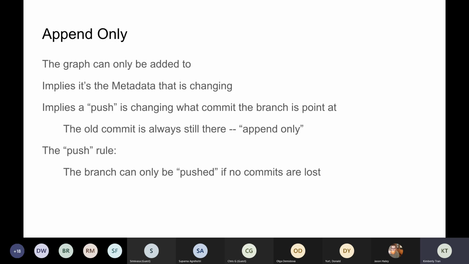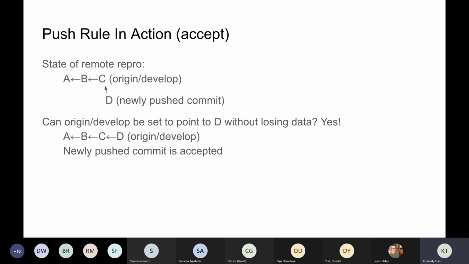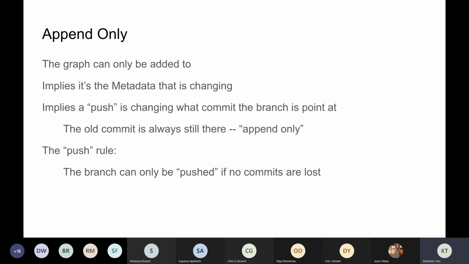There's a symbolic slot for this branch, and it has a pointer to the commit, and you're pointing it to some new commit. So when you push, the old commit is always still there, because it's append only. If you know the commit's numeric hash, you can always get back to it.